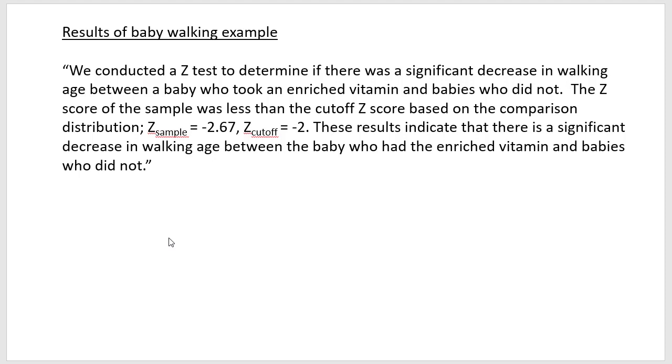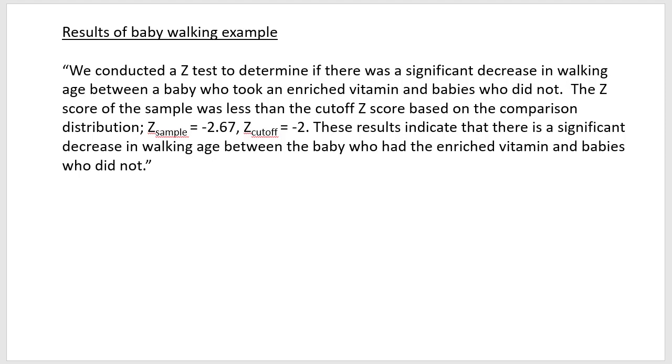Another way of saying that is that the z-score of the sample is equal to negative 2.67. The z-score of the cutoff is equal to negative 2. These results indicate that there is a significant decrease in walking age between the babies who had the enriched vitamin and babies who did not. So for our entire example, it can be summed up with that paragraph.